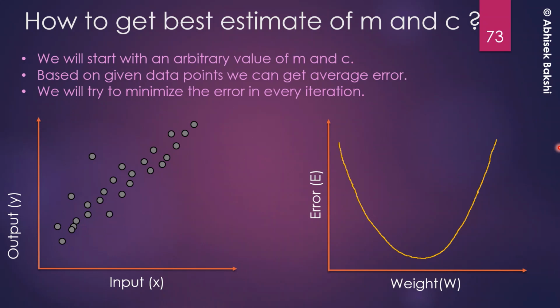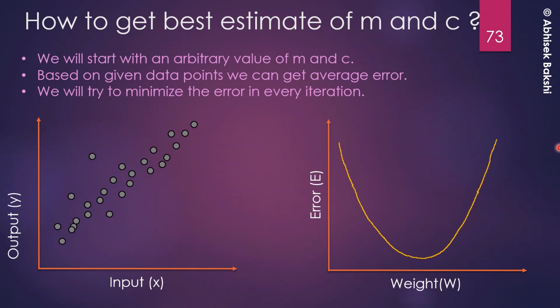What we will do is start with an arbitrary value of m and c, because we don't know exactly what the straight line should be. Any straight line is represented by two variables, m and c, right? We don't know what the value of m and c is. That is what you actually have to find out. So that's why we will start with some arbitrary m and c.